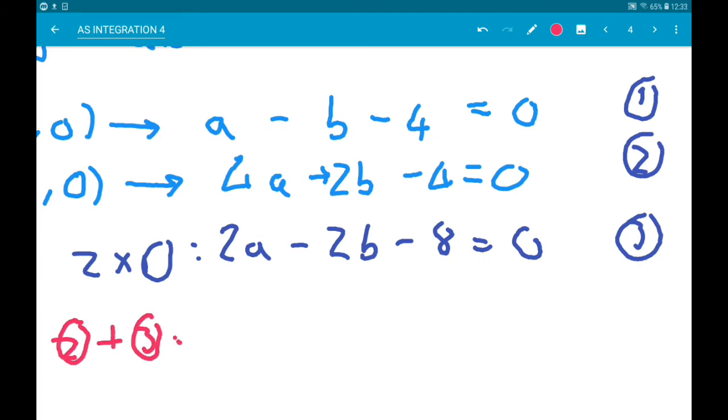So I'm going to have 6a. The b's cancel, and then we got minus 4 add minus 8, so that's minus 12 is equal to 0. So a is 2.